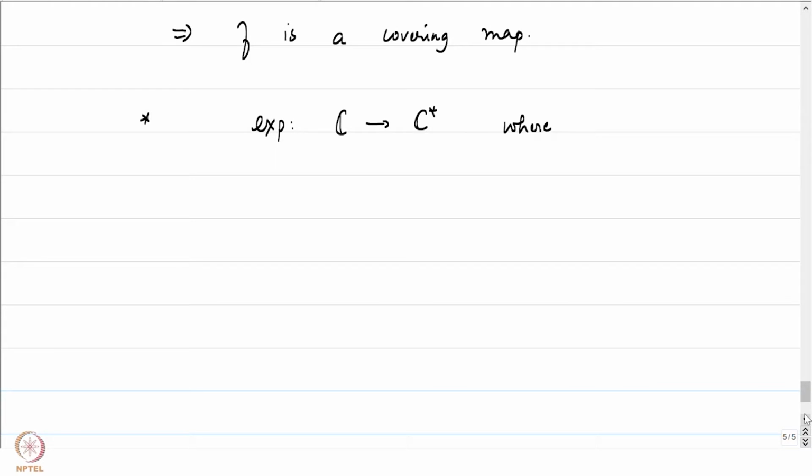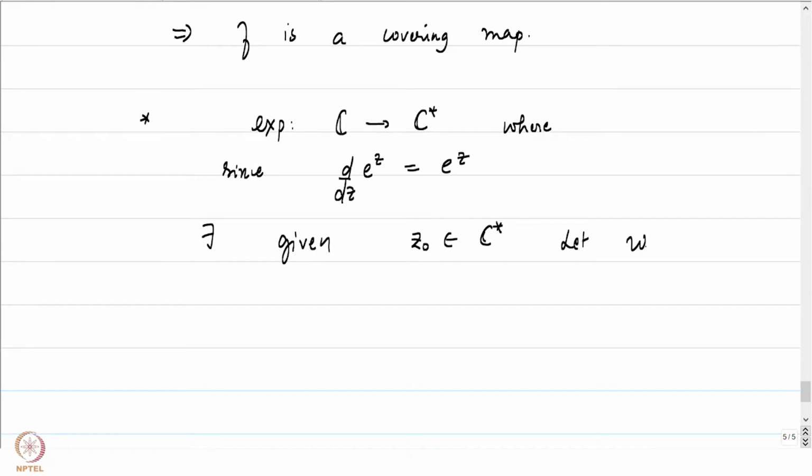The only thing to note is that since d by dz of e to the power z is equal to e to the power z, given any point z0 in C star, let w0 in C be such that e to the power w0 is equal to z0.